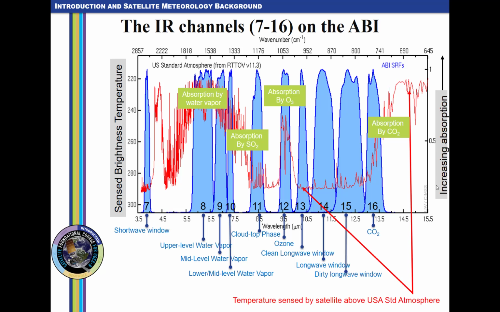At some point in the vertical, when water vapor no longer exists above a region, the re-emitted energy will escape unabsorbed to space, but it will be from a far colder region, so a colder temperature is shown. In addition to water vapor absorption, absorption by CO2, SO2, and ozone is also present.